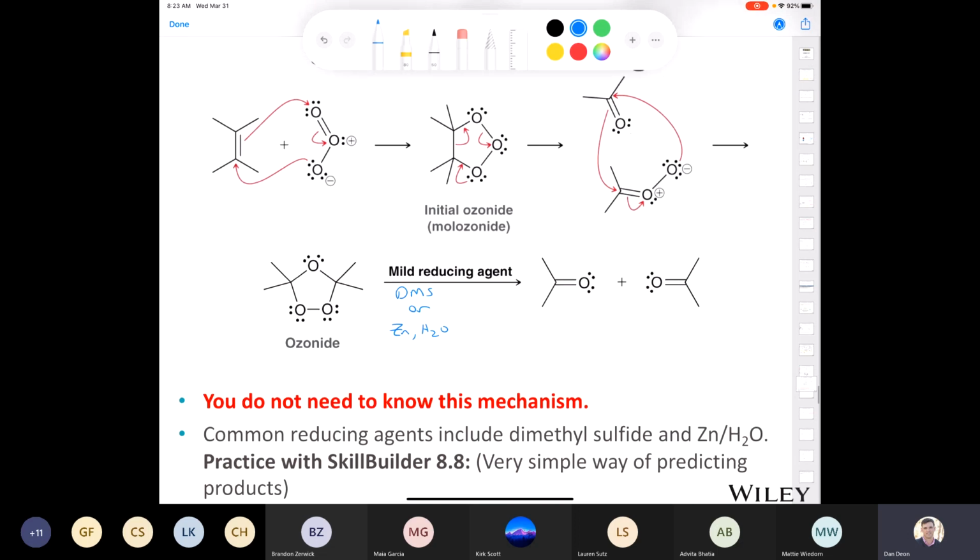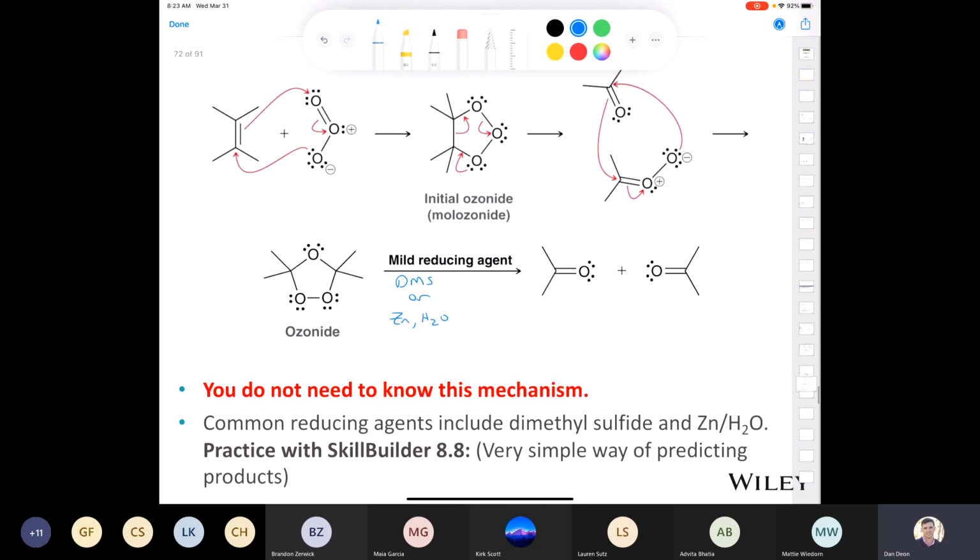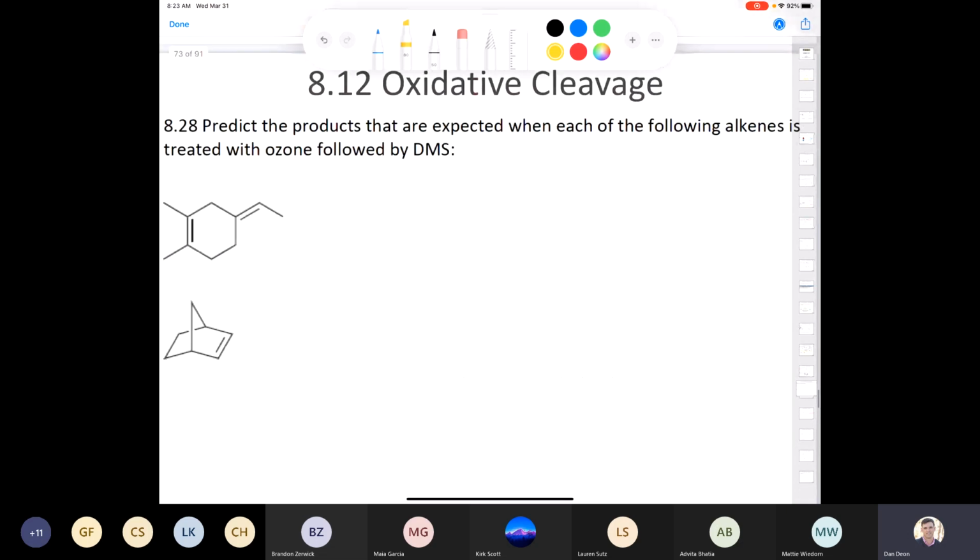Look, it's very rare for me to write something like that in red. I'd consider this a higher level mechanism, kind of beyond the scope of our course. But it's always interesting to take a look at these kinds of mechanisms. So again, just remember that the reducing agent, that's the second step, can be either dimethyl sulfide or zinc and water. And again, the skill builder shows you the really simple way of doing it.